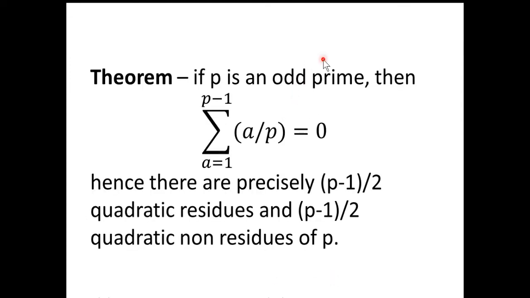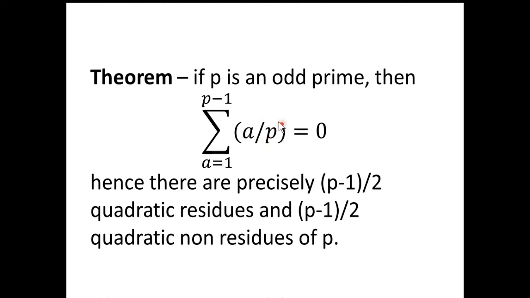Next we have this result. It says that if p is an odd prime, then the summation of all the Legendre values a upon p, where a runs from 0 to p minus 1, has value 0. And hence there are precisely (p minus 1) upon 2 quadratic residues and (p minus 1) upon 2 quadratic non-residues.